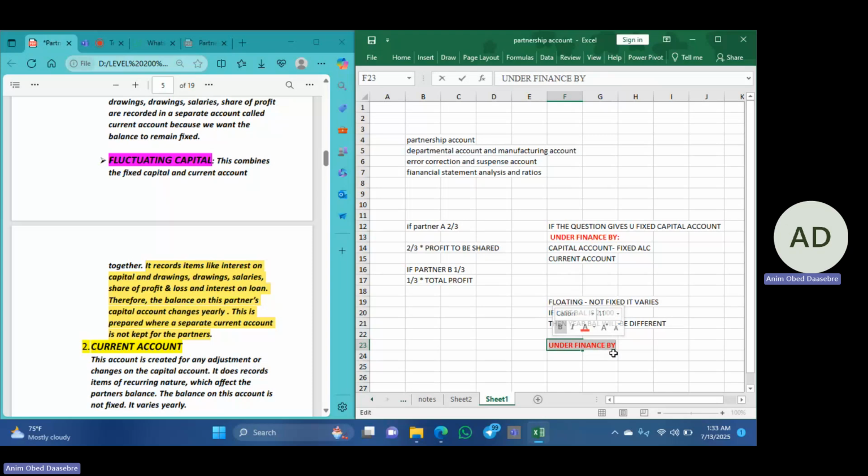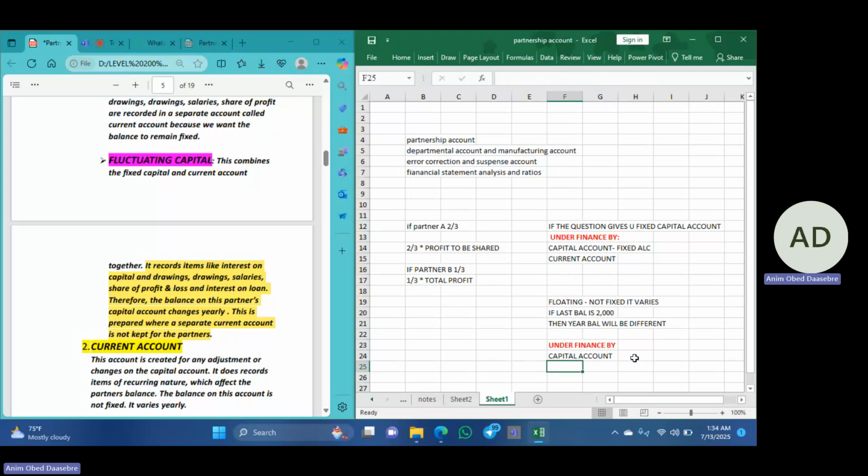So under the finance by, what you are going to record will be the capital account, and this capital account that you write represents the floating account. You only record your capital account, the balances for the partners involved.